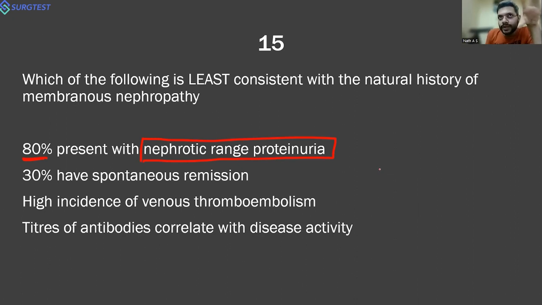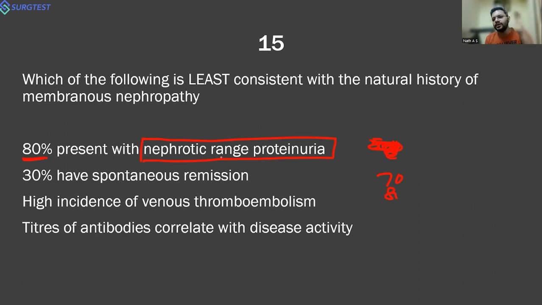In your MCQ questions, nobody is going to test up to 5%, 10% and all. Nobody will say whether it is 70 or 80; they will give you some gross number, so you will easily be able to tell whether it is correct or wrong. It depends on the question again, but you won't get number twists like 70, 80, 85. So the twist here is nephrotic range.